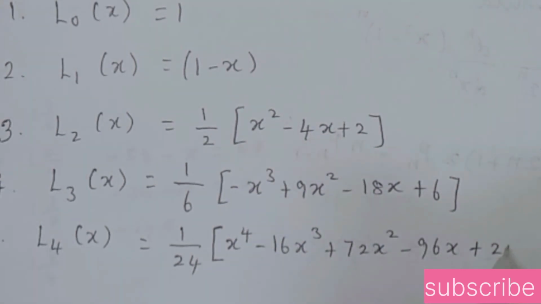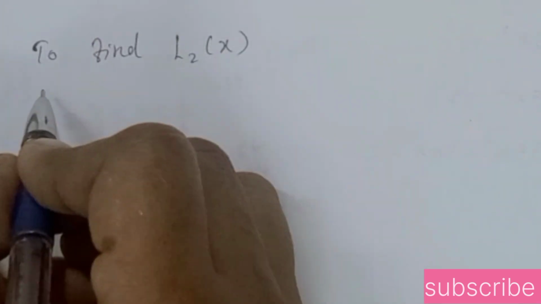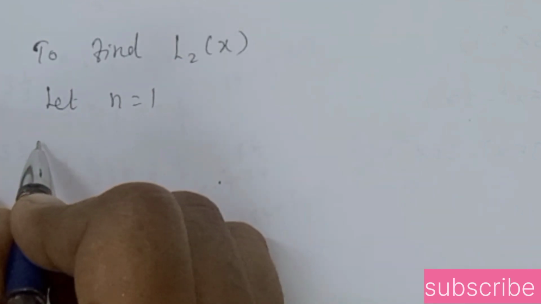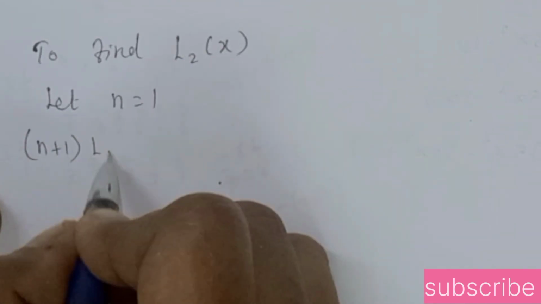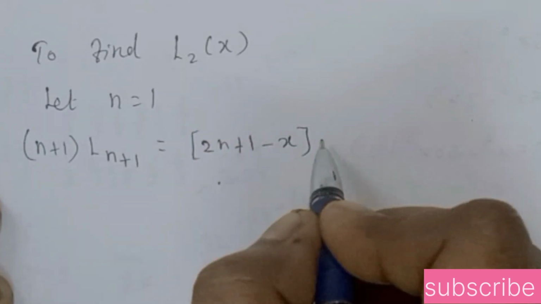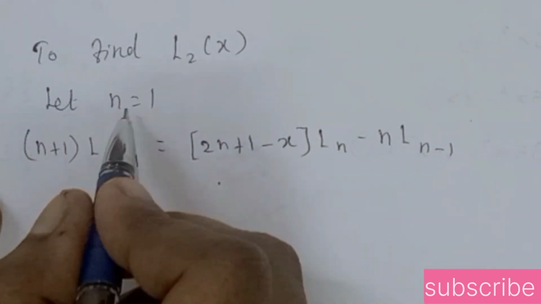plus 24. Now we are going to see one example to find Ln of x. Here we are going to find L2 of x. For that, let n equal to 1 and use the equation n plus 1 into Ln plus 1 equal to 2n plus 1 minus x into Ln minus n into Ln minus 1.